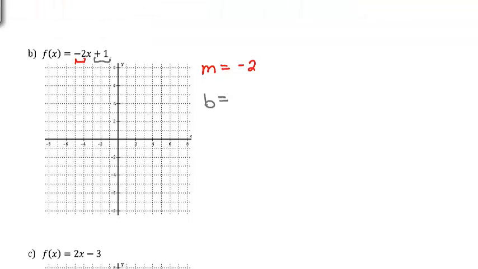B here is the plain old number, so that's 1, and so it's crossing the y-axis at 1. And so that gives us this point right here at 0, 1.